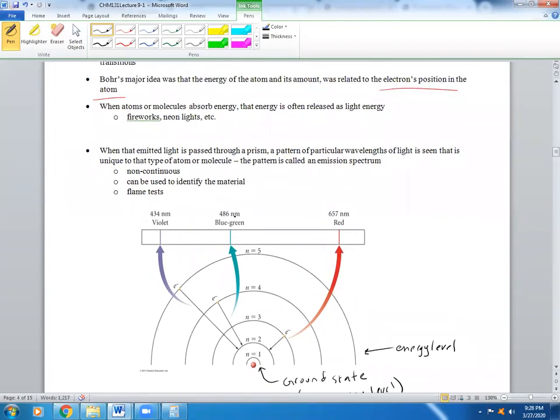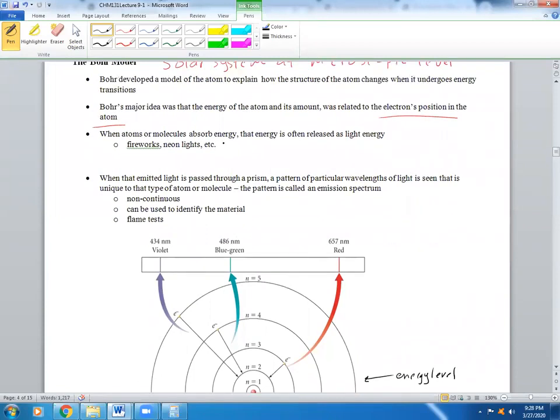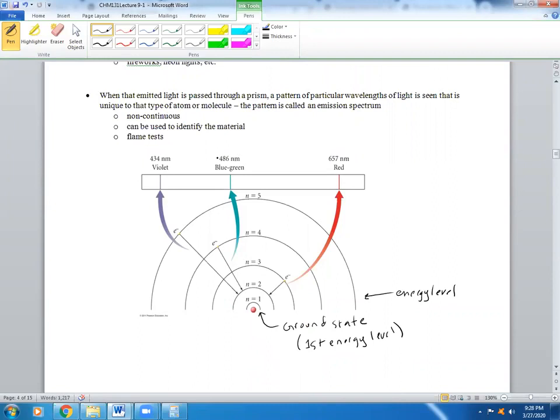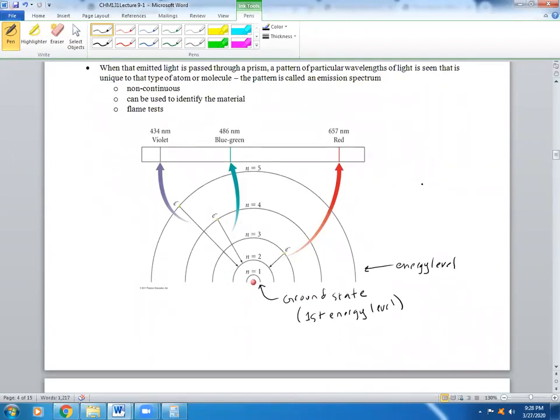Very well. So this explains to us that when atoms or molecules absorb energy, the energy is often released as light energy. So fireworks, neon lights, all of those are explained by this. Think about it. Imagine you heat an atom, and you put in energy.